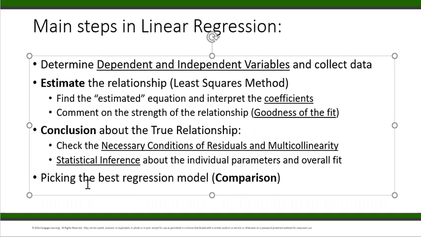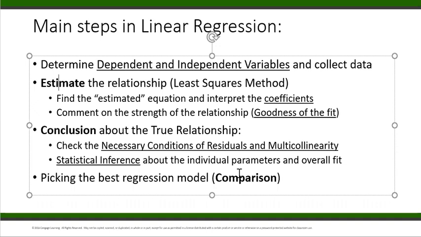And then the last step would be basically comparing multiple regression models. So in a lot of cases, you can run a simple regression, you can run multiple regressions, you can run linear regressions, nonlinear regressions. You may have 2 independent variables, 3 independent variables, 10 independent variables.